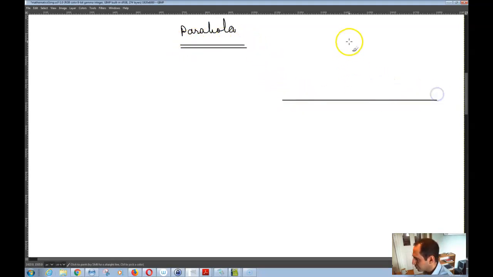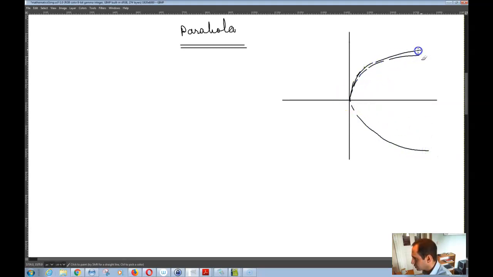Meaning that the shape of a parabola is something like this, and it just keeps going in this direction, this way.